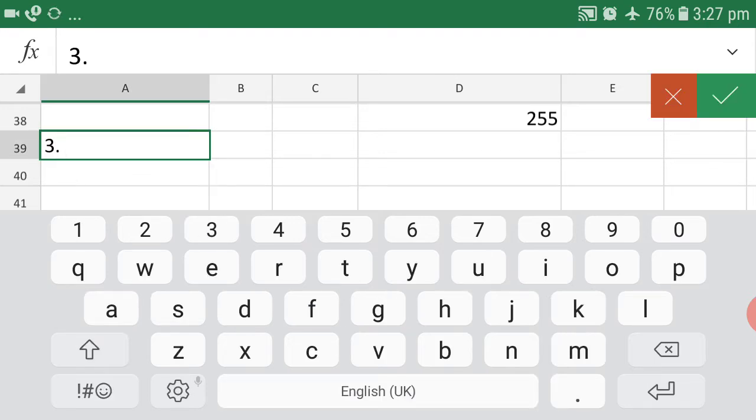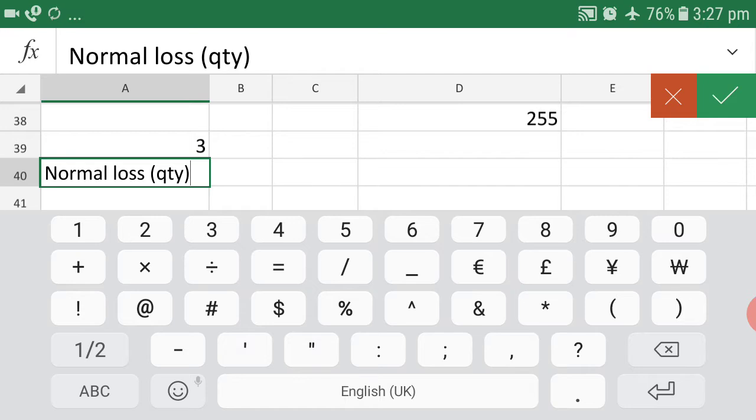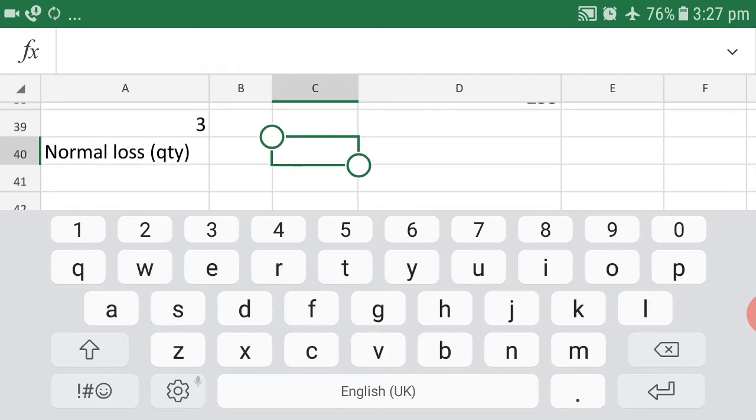Working note number 3. Let's calculate normal loss in quantity first. How will we calculate normal loss in quantity?